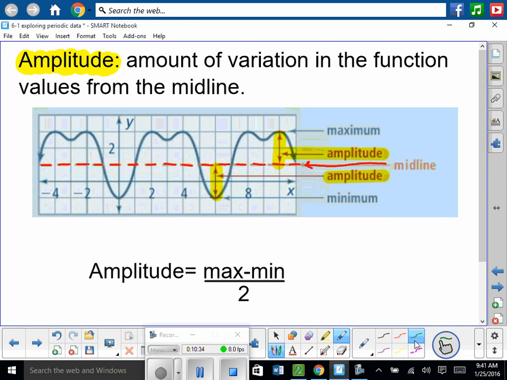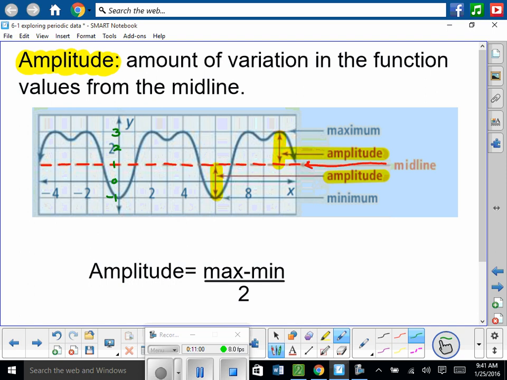This is -1, 0, 1, 2. I'm labeling the Y grid. And what's this? 3. Okay? So these are working in 1s. You do have to look and see if it's working in 1s or 2s or 4s. You get what I'm saying? It's not always going to work in 1s.